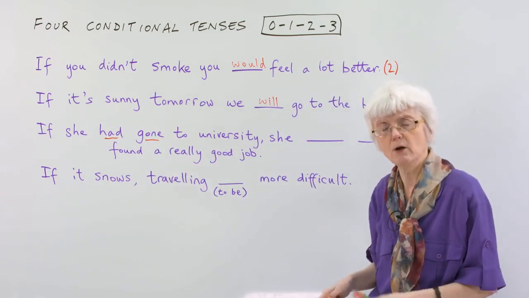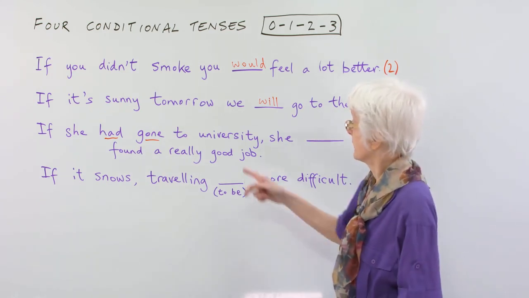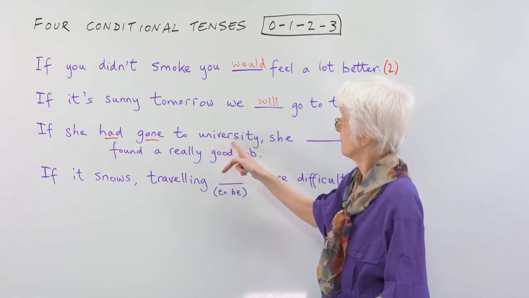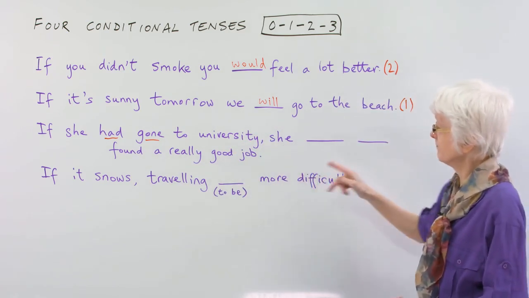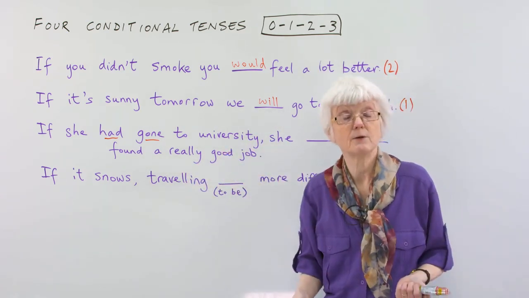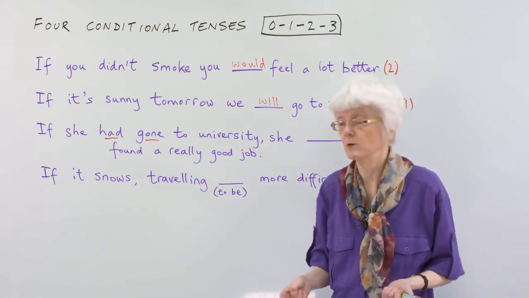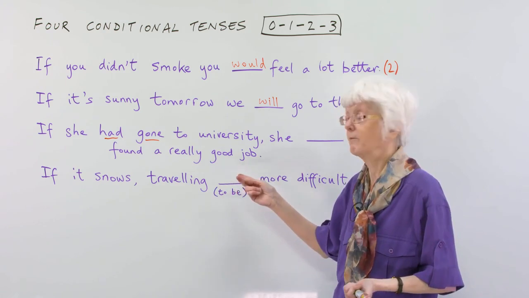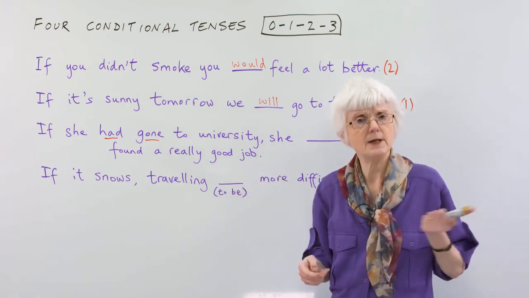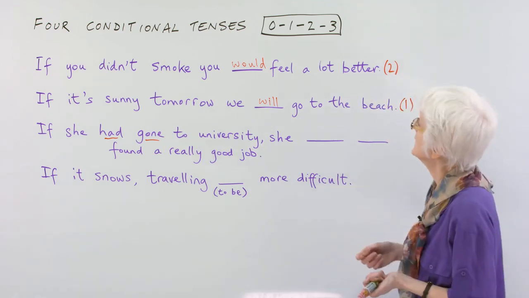So had gone is past perfect. So this means she didn't go to university. So she probably hasn't found a good job. So does that mean it's too late now? Is it the one where it's too late?